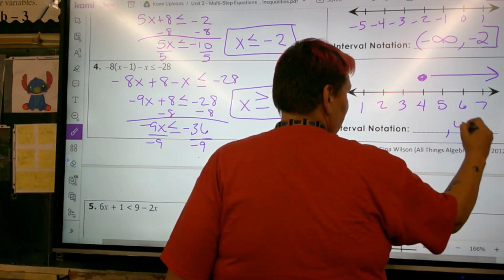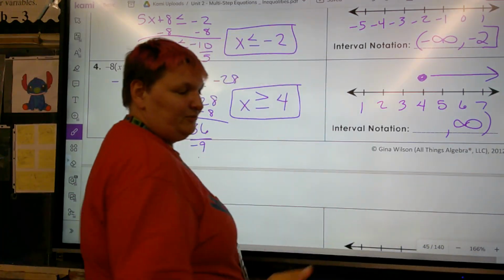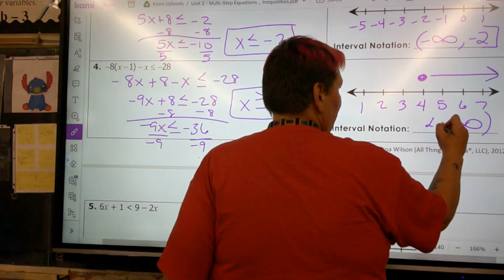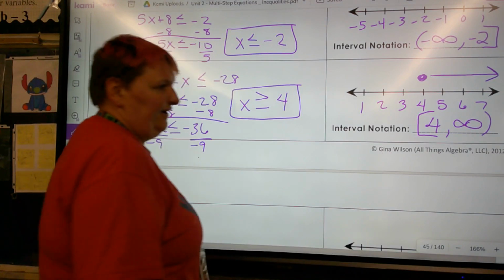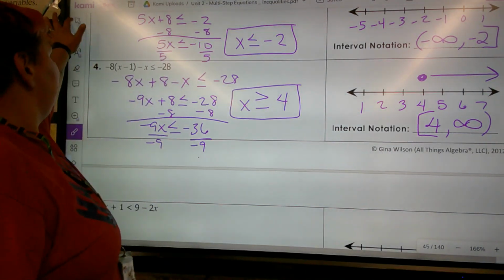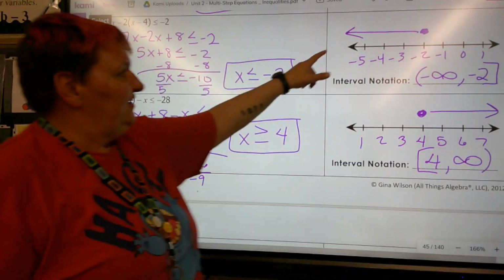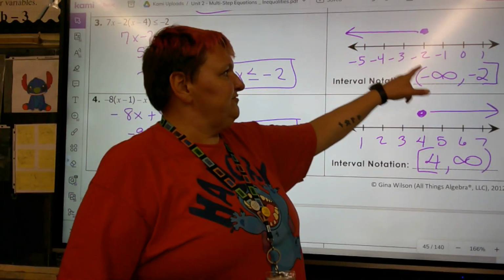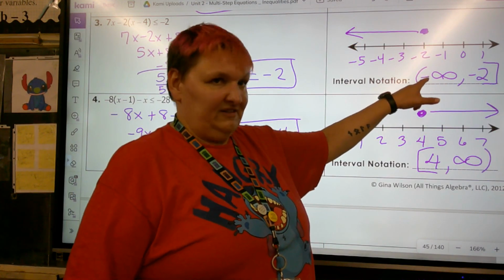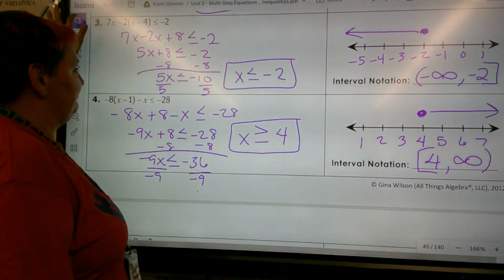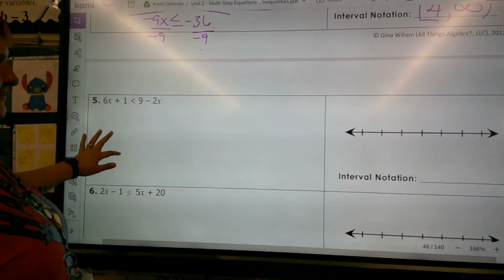Infinity always gets a parenthesis. And then a bracket on the left. It worked up there too, if you noticed. The other one goes to infinity on the left, so the negative infinity is on the left side. Okay. Patterns, baby. Find the patterns.